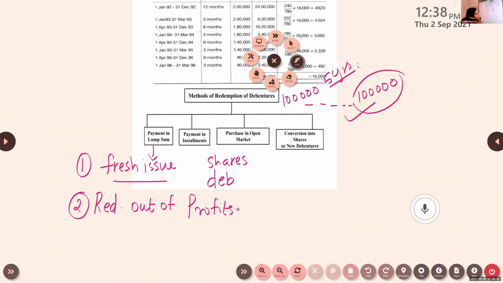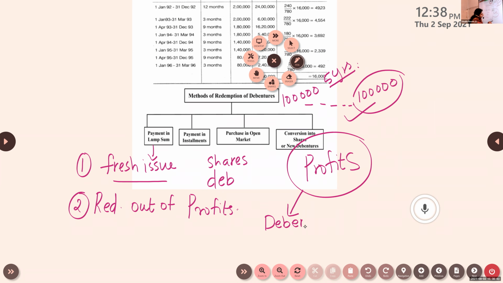If the company is making profits, out of this profit they will set aside some money every year into another account called the debenture redemption reserve account.